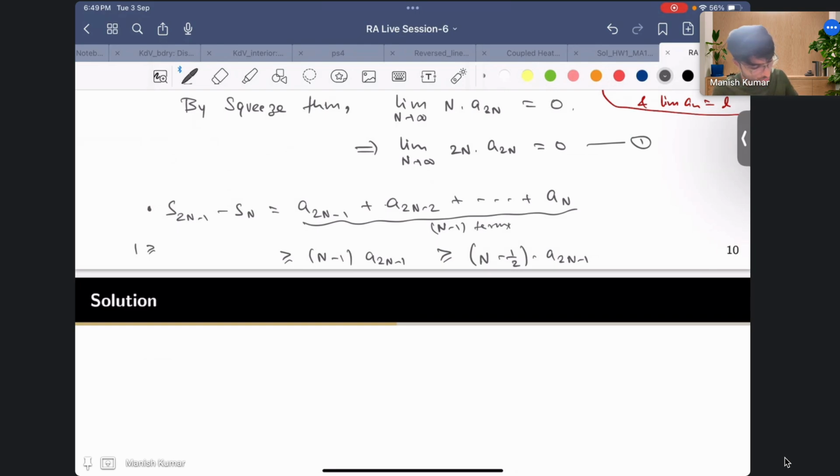No, this is not a proper bound. Just a second. So what can I use? Okay, let's use this. I just want a_2n minus 1 somehow, ultimately.